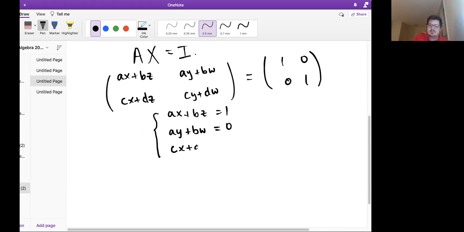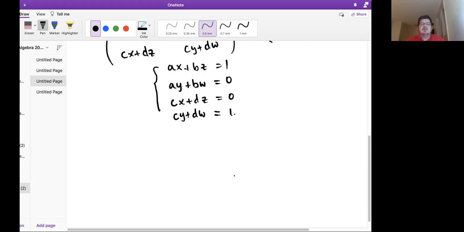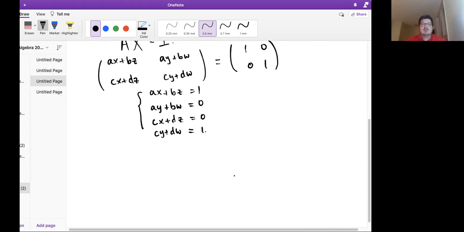CX plus DZ is 0. And CY plus DW is 1. All right, so now we have a linear system of 4 equations. How many variables do we have? 4. So it's going to be a 4 by 4 system.